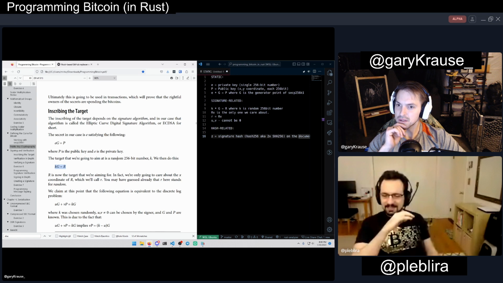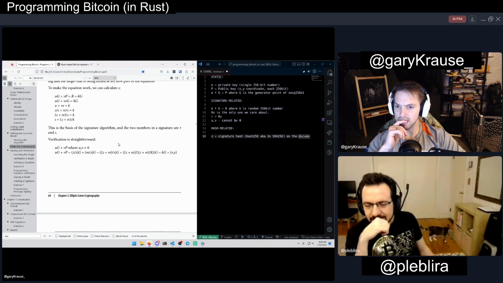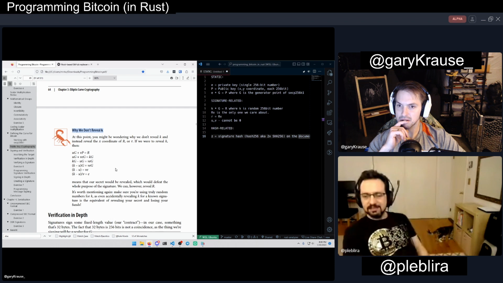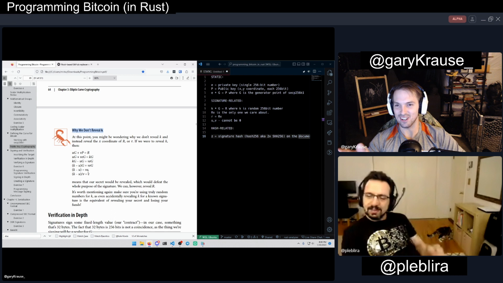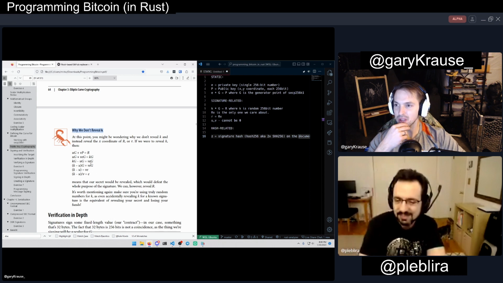That's it. And that's why it talks about how you don't reveal K. It goes into this hard math again, but basically, if you reveal K, then you can reverse to your private key.